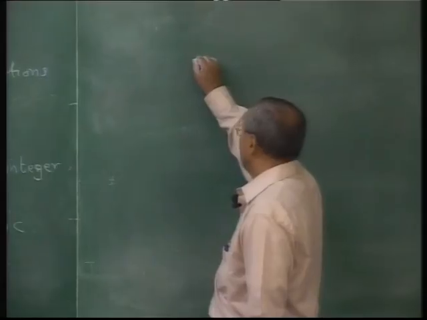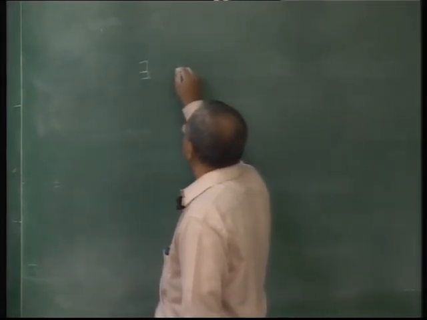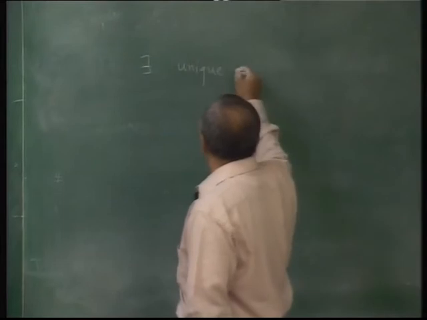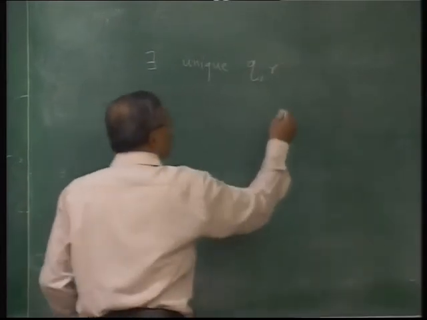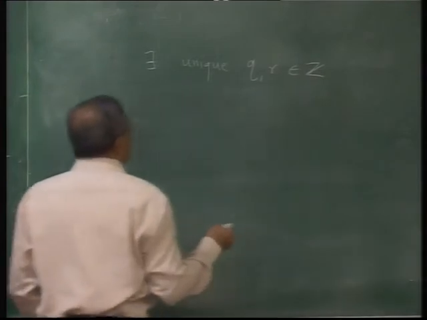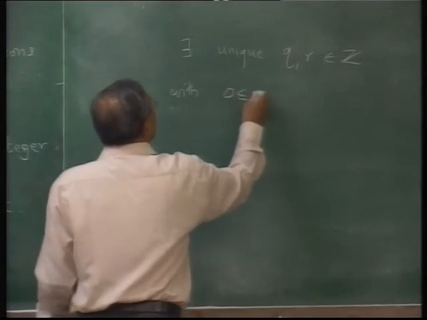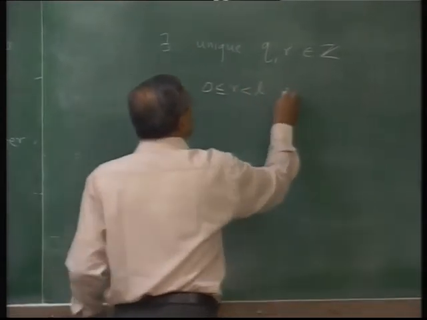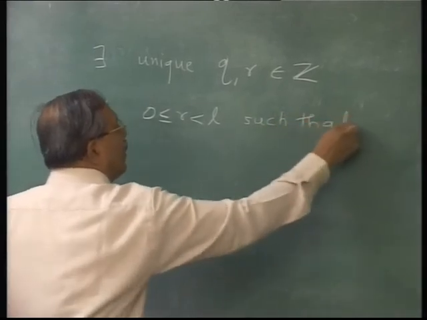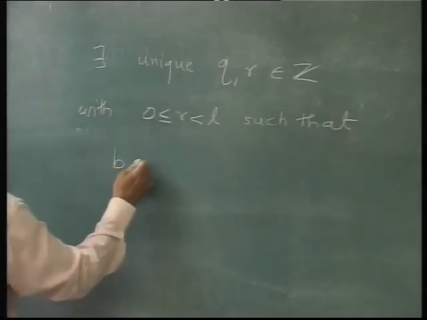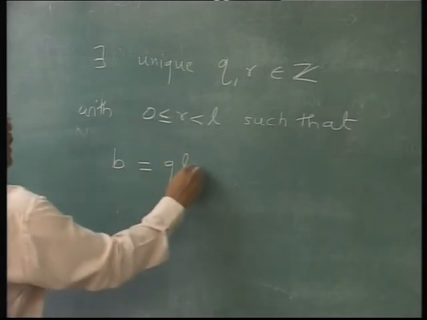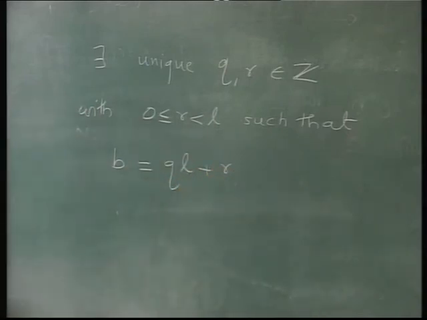So there exist unique Q, R in Z with 0 less than or equal to R less than L, such that B is equal to Q times L plus R. We are dividing B by L, getting the quotient Q, getting the remainder R.